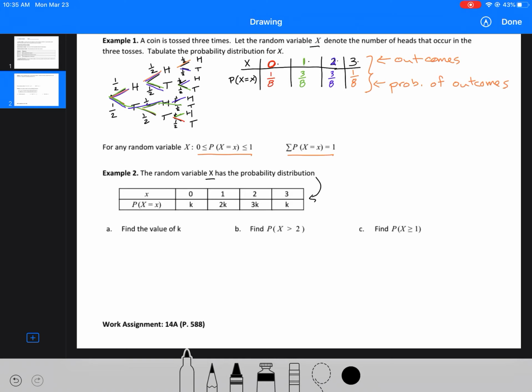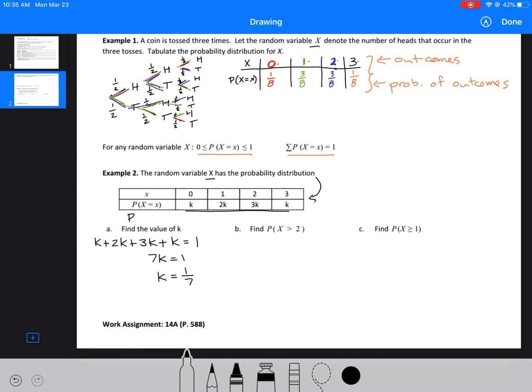In order to do this, I know that this bottom row has to add up to 1. So k plus 2k plus 3k plus k has to equal 1. How many k's do I have? 1, 2, 3, 6, 7 k's. So that means that k is equal to 1/7.